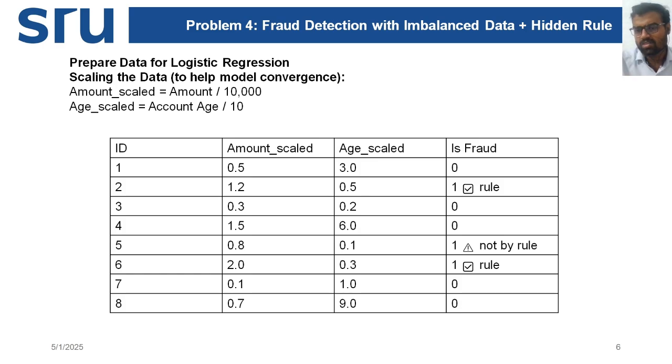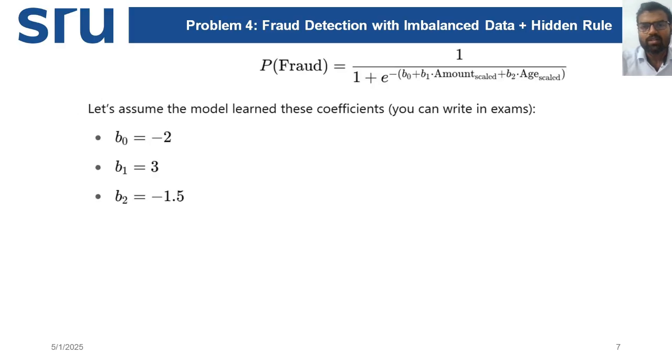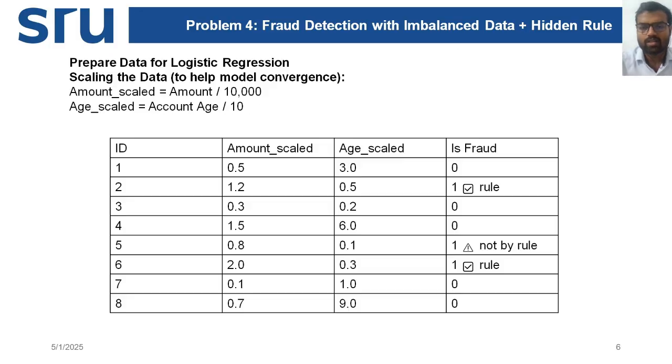Two instances follow the hidden rule and one instance does not. If you feed this kind of data into some model, the model is not going to understand the hidden rule. That's what I'm saying. So before getting into all these things, first of all, we are using logistic regression, obviously. Is it correct?